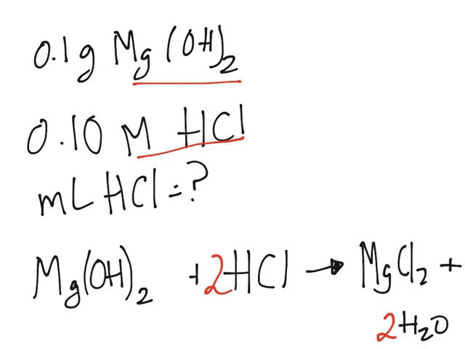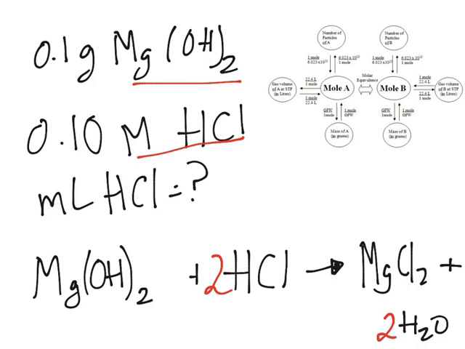So if you remember the mole diagram, let me put it up. We want to go from the mass of A, which would be the magnesium hydroxide, to the volume of B, which is the hydrogen chloride. So we will want to go here.